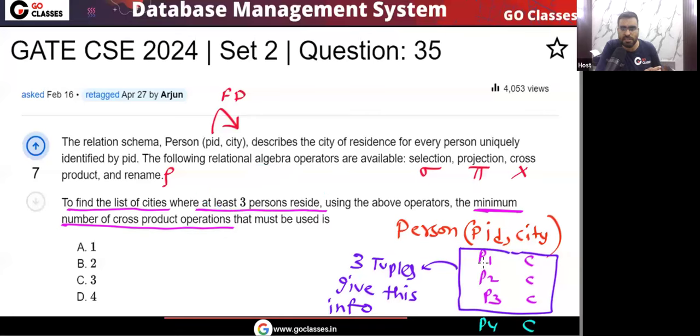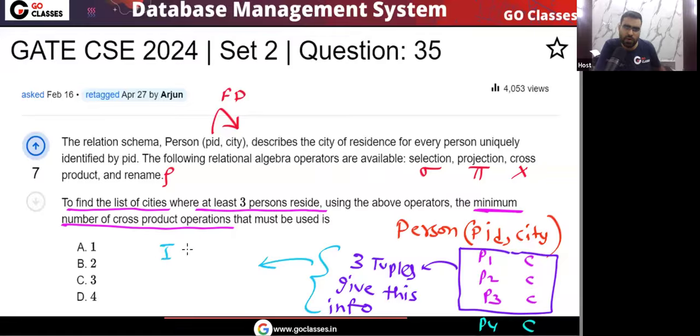Three tuples with city C, city C, city C are enough. There can be more people in the city, that is fine, but three tuples are enough and mandatory.